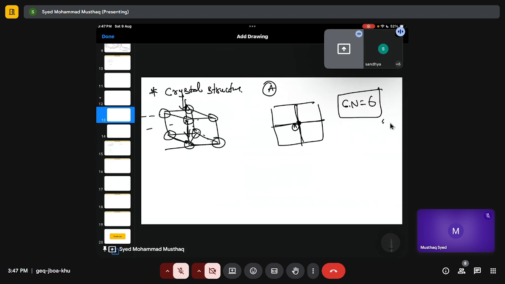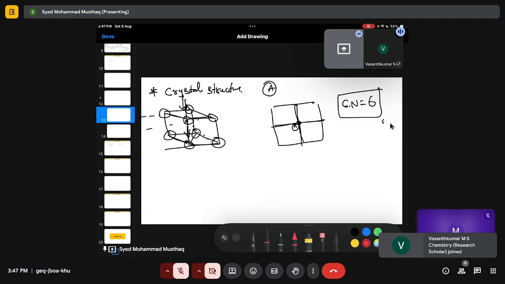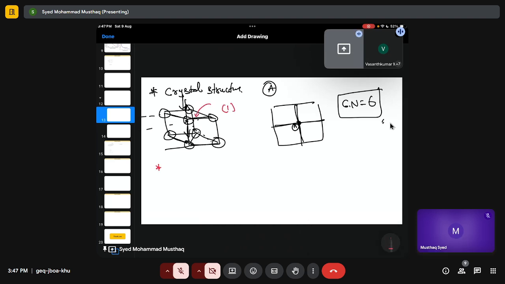And I am talking about simple cubic. So this is how it is. Each atom should be near to, let me draw that so that people can understand more. So I am only talking about this plane. Okay, it is plane 1.